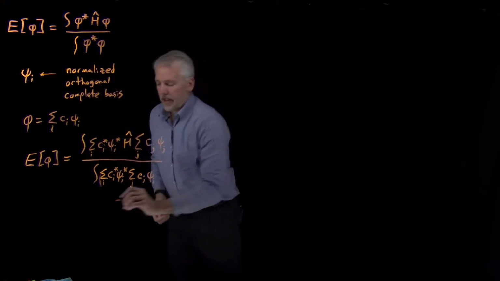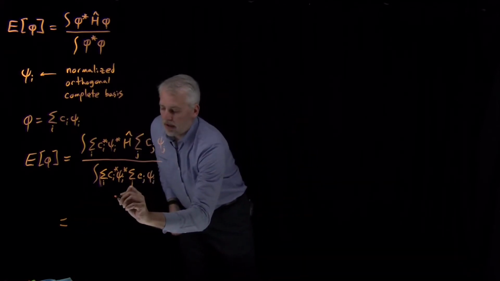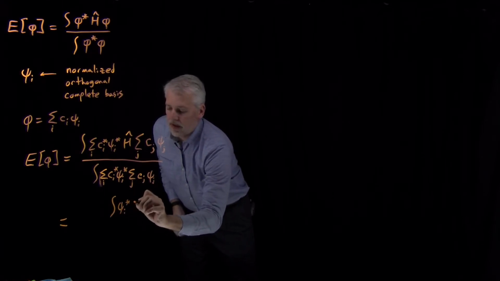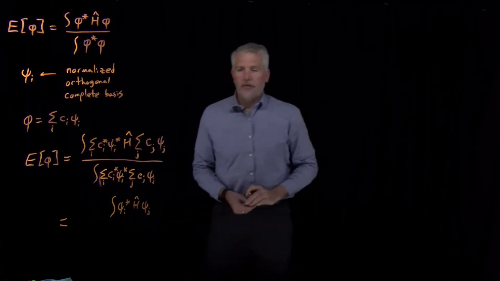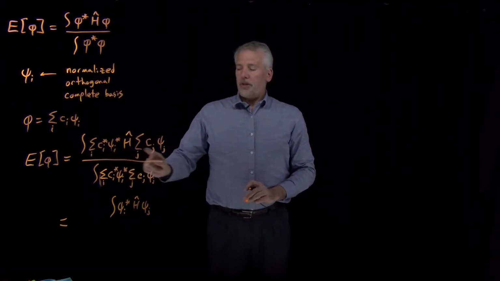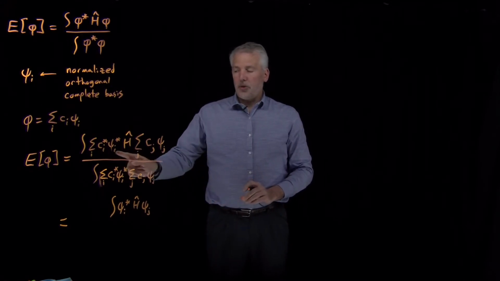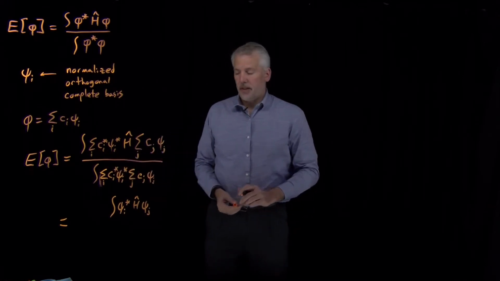So if I, in the numerator, only bother to integrate over the things that depend on the variables, r theta phi or x, y, z, or whatever variables we have, the wave functions and the Hamiltonian both depend on the coordinates of our system, so I have to keep those inside the integral.